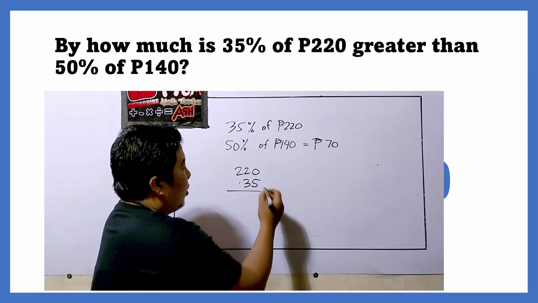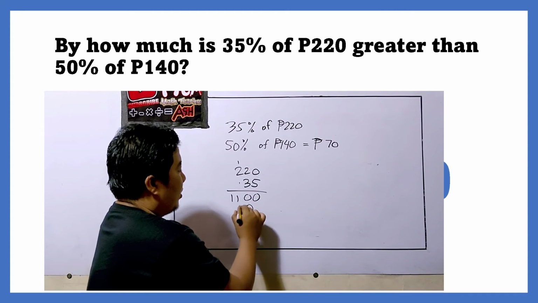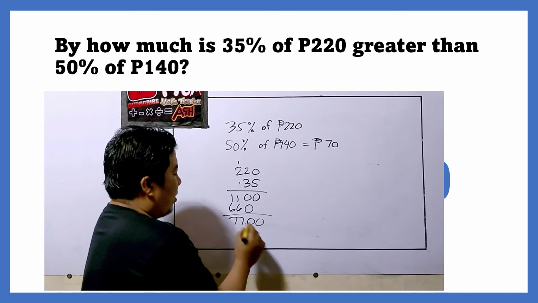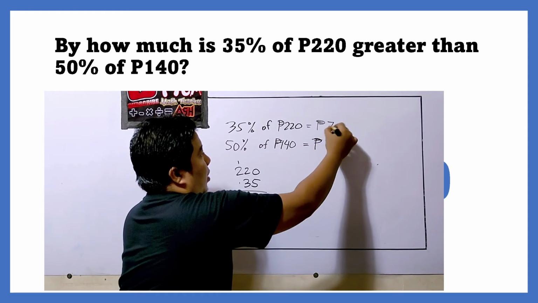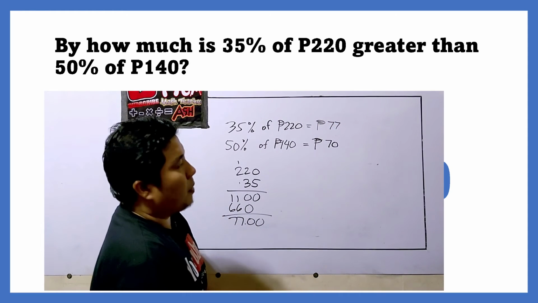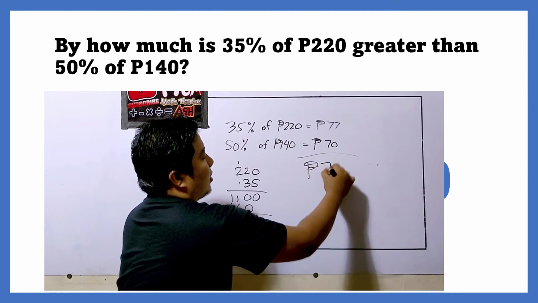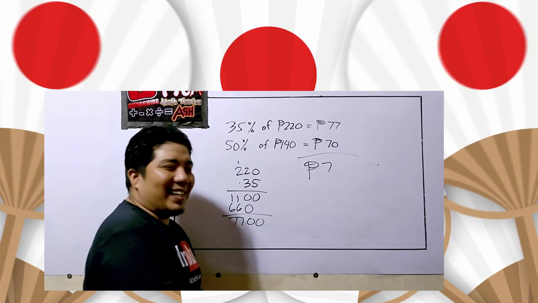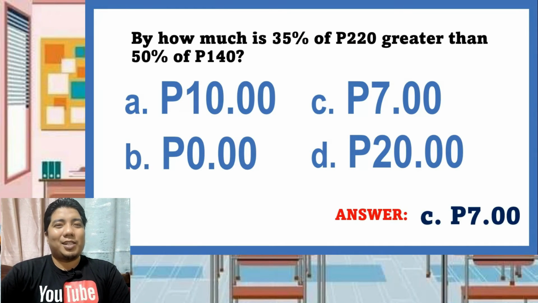So, by multiplying, you have 77 pesos. So, therefore, what is the difference between 77 pesos and 70 pesos? The correct answer is 7 pesos. Alright. And the correct answer, my dear math learner, is letter C, 7 pesos.